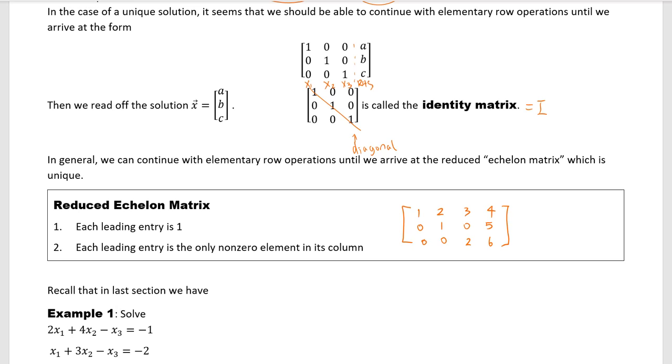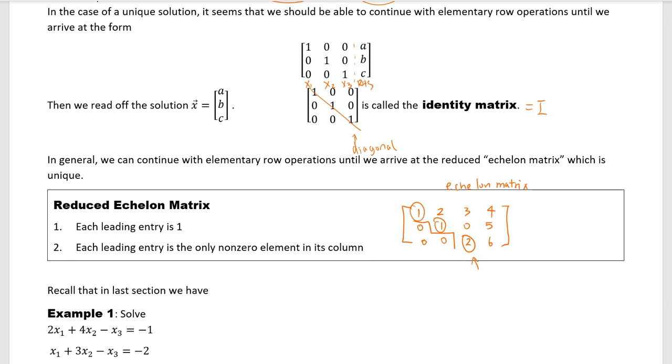This is an echelon matrix, but it is not a reduced echelon matrix, because you can see this leading entry is 2, it's not 1.